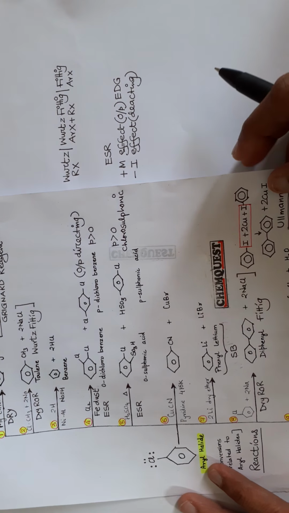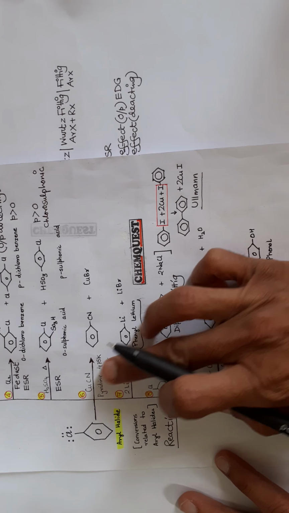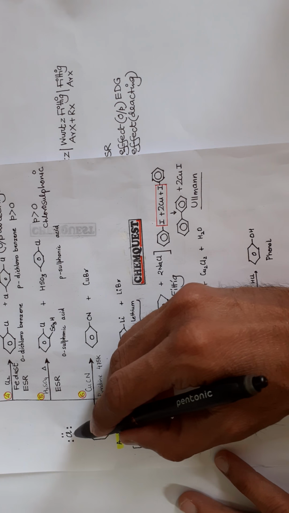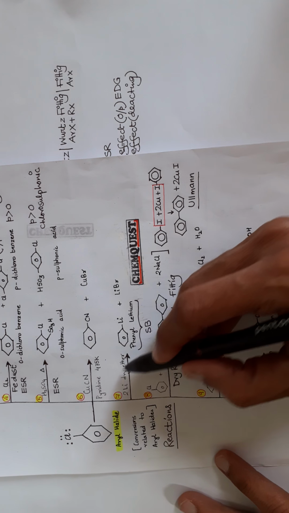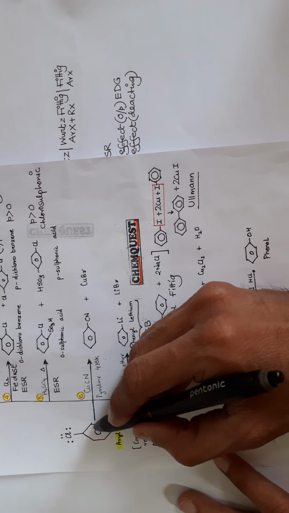Next one, CN minus attack on chlorobenzene, but due to partial double bond character in carbon-chlorine in chlorobenzene, it requires high temperature, 475 Kelvin, to replace chlorine.